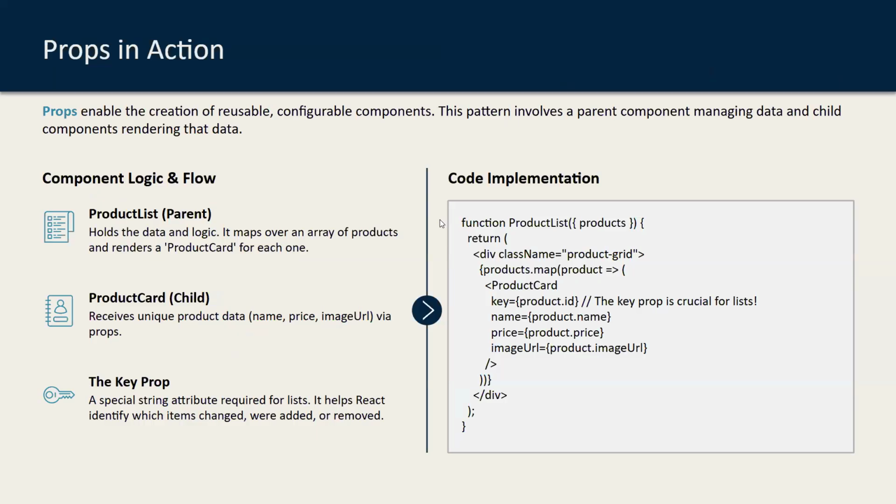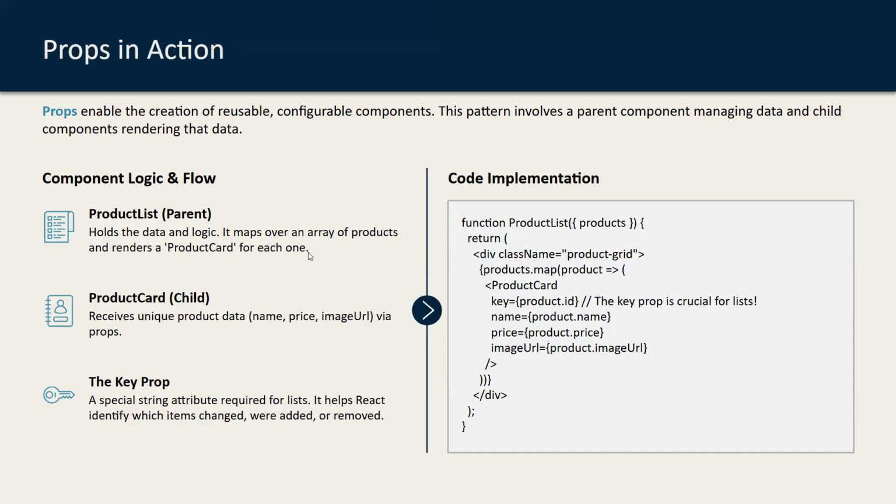Inside product list, we map over an array of products. For each product in that array, we render one product card. The product card is the child component, and each child receives its own data through props like name, price, and image URL.